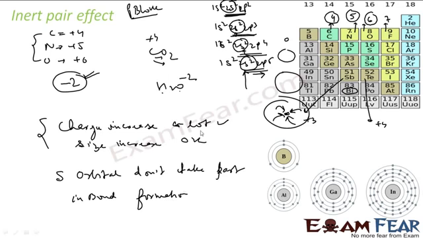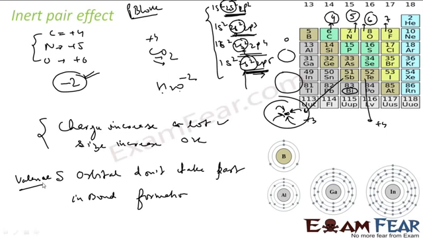See, anyway, these will never take part, because only the valence orbitals take part in the bond formation. That is something we know. Out of these valence orbitals also, these valence s orbitals, typically all the valence orbitals take part in the reaction, in the bond formation.